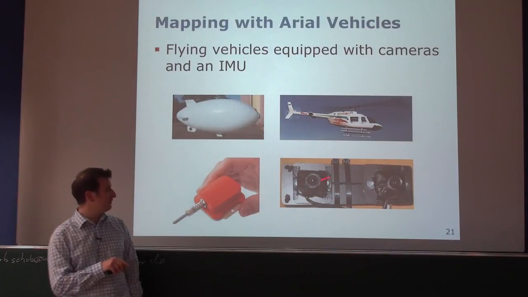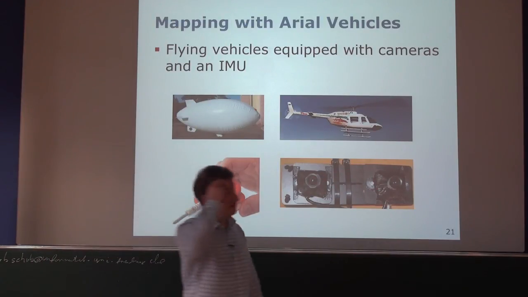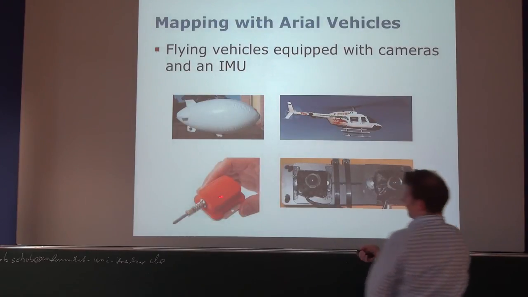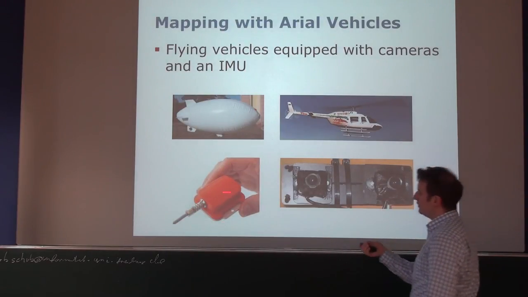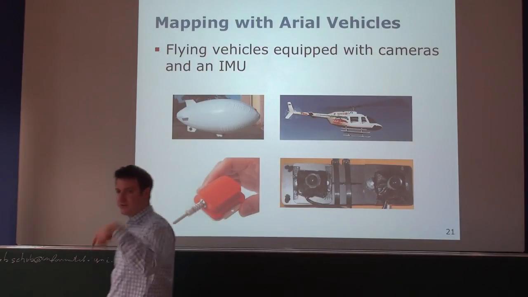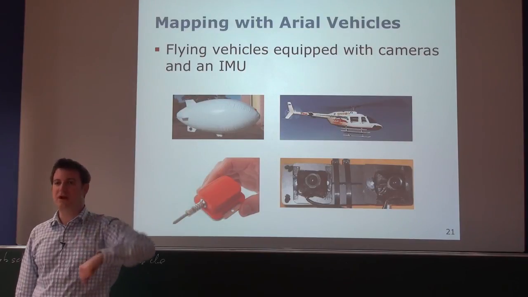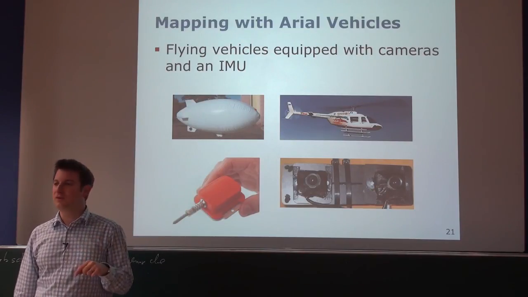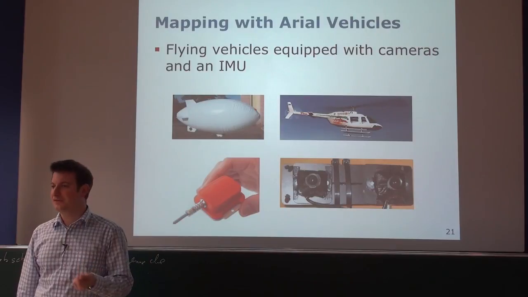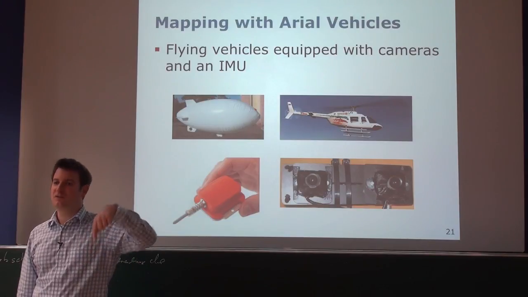This was just a self-assembled stereo camera system with 2 webcams assembled in a stereo setup and a small IMU. This is an inertial measurement unit. One of the advantages of this system is that it also gives you the gravity vector quite accurately at a high frequency. And if you know the gravity vector, you can already eliminate 2 of the 6 dimensions from your state space, because the roll angle and the pitch angle can be determined just by knowing the gravity.